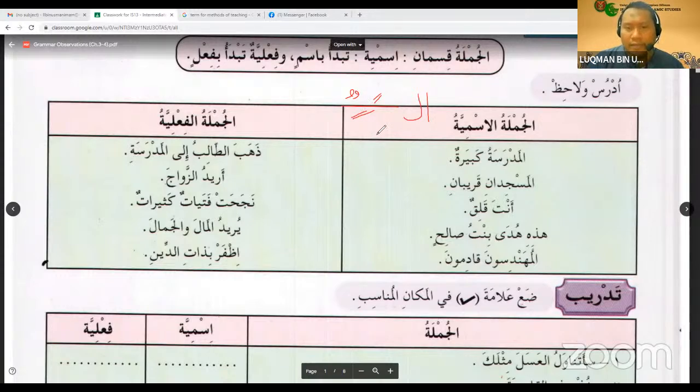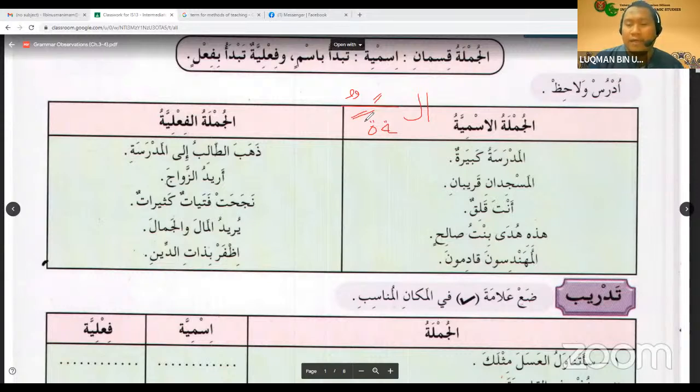If it ends with tamarbuta, it's also a noun. I think these are the three major signs of a noun. And also remember, a noun never ends with a sukun, with an unvoweled letter.